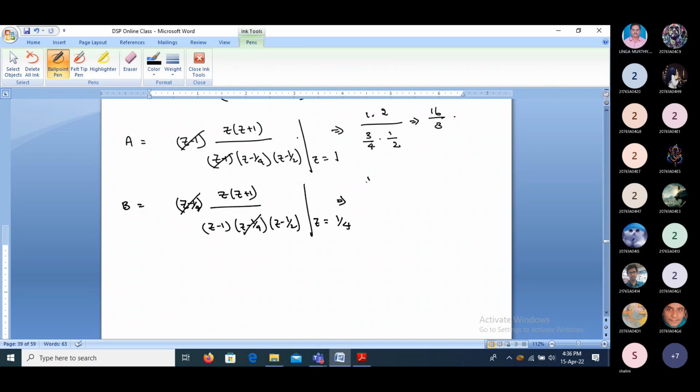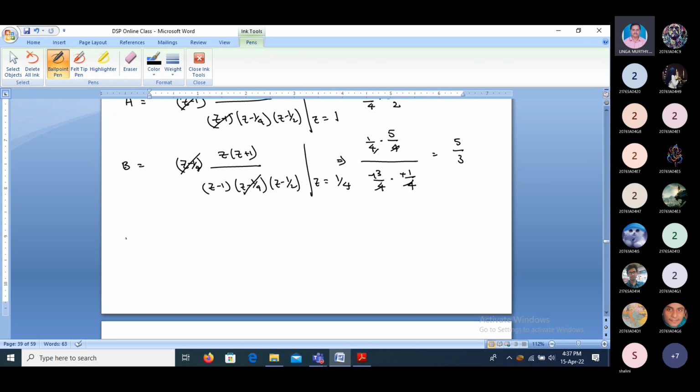From this, 1/4 plus 1, 5/4, divided by 1/4 minus 1, minus 3/4, next 1/4 minus 1/2, minus 1/4, that is minus 0.5 plus 0.25. Okay. So here minus into minus plus, the 4 gets cancelled. Answer is 5/3.